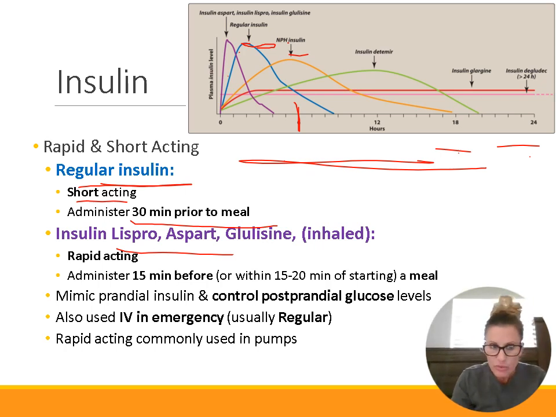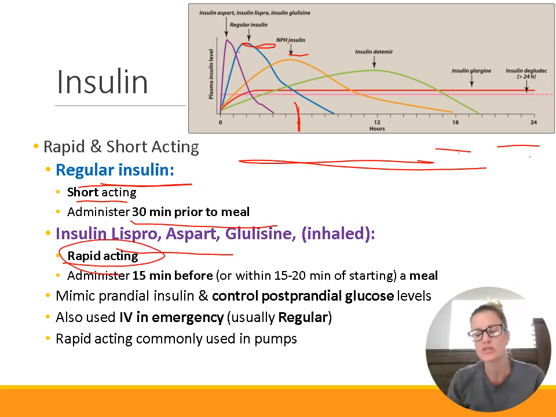Insulin lispro, insulin aspart, and insulin glulisine are rapid acting insulins. They are still active for just a short period of time, but they start working faster than the other agents, so we classify these as rapid acting.